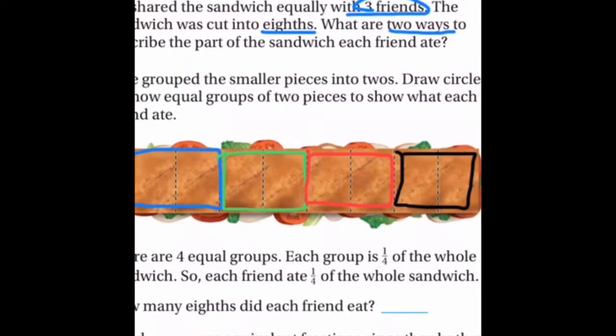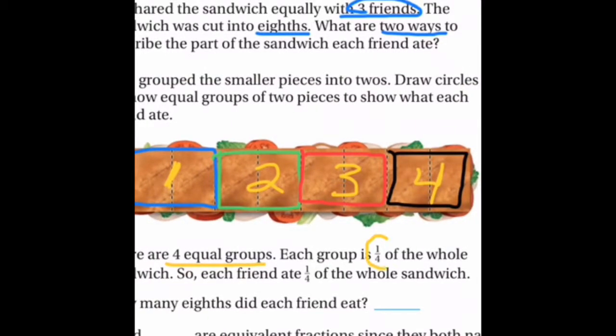It says there are 4 equal groups, right? So I have 1 group here, 2 groups, 3 groups, 4 groups. Each group then we know by now is 1/4, since there are 4 pieces, 1/4 of the whole sandwich. So each friend ate 1/4 of the whole sandwich.